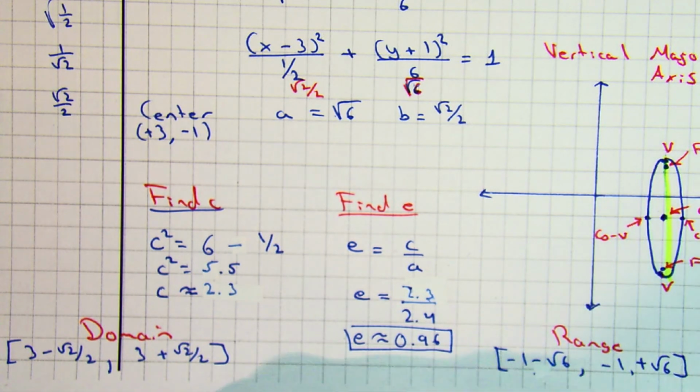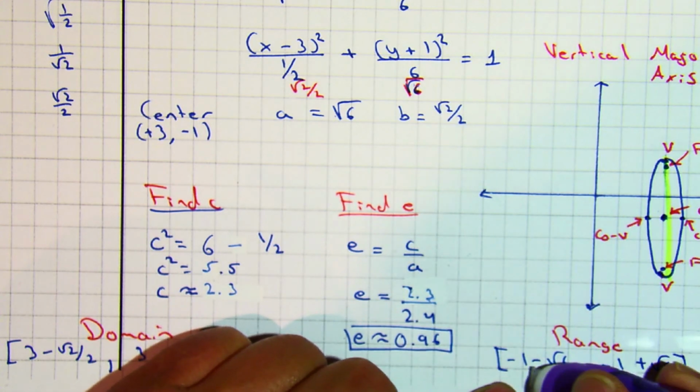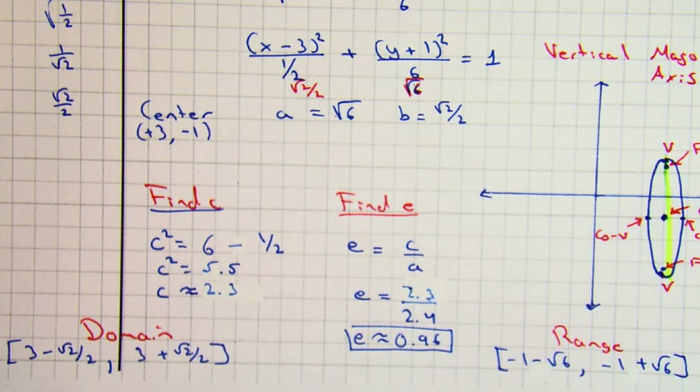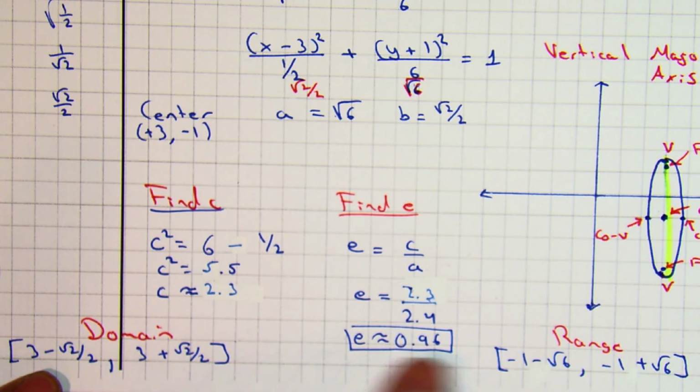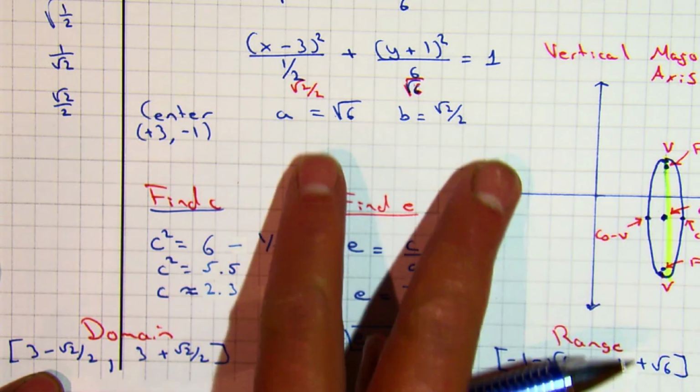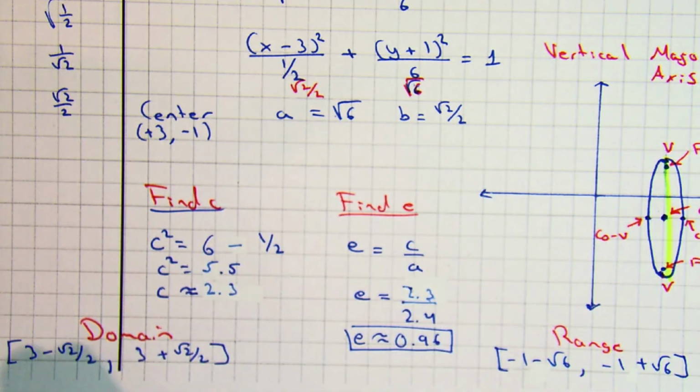And including those two values. So that is your domain and range. And we will be doing that every time those are not exact values. We want to make sure that you give your domain and range in exact values if it's possible. And we know that that's possible based on these two values.